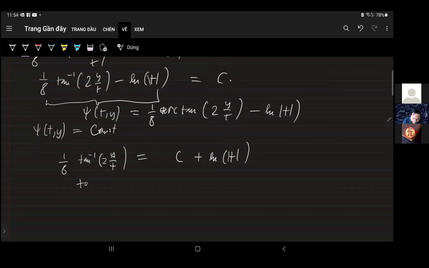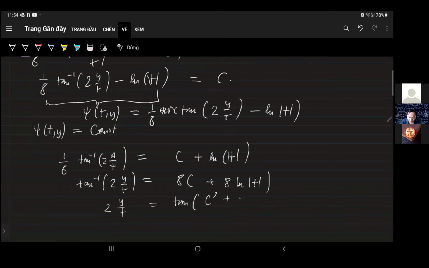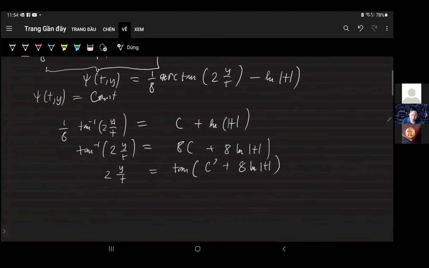So you have inverse tangent of 2y over t equals 8C plus 8 log of t, and then you take the tangent of both sides, because of the inverse tangent. 8C is just some new constant, C prime, I don't care what that constant is, plus 8 log of t, and then I multiply by t and divide by 2, so you have y equals t over 2 times tangent of C prime plus 8 log t.